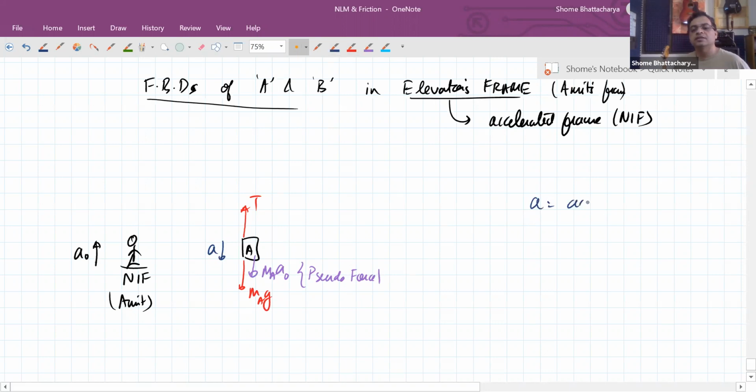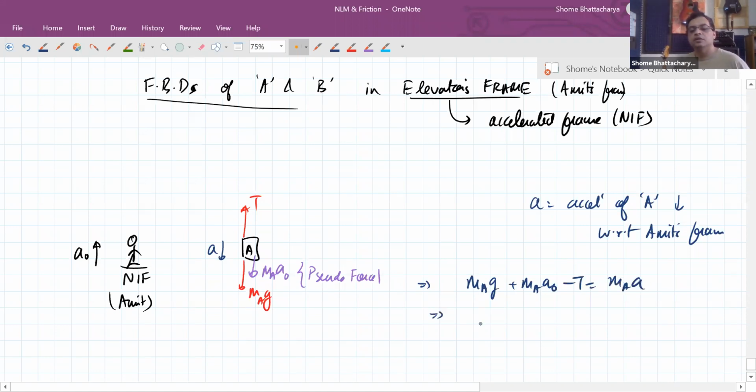So a is the acceleration of block A downwards with respect to Amit's frame. Okay. So we have the equation that weight of A plus pseudo force acting on A minus tension should be equal to mass into acceleration.